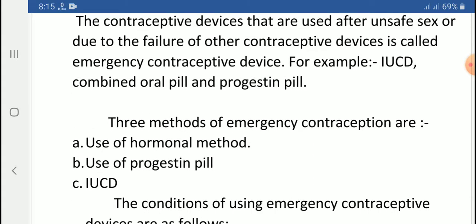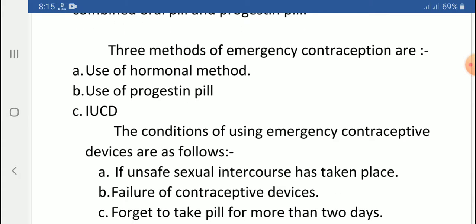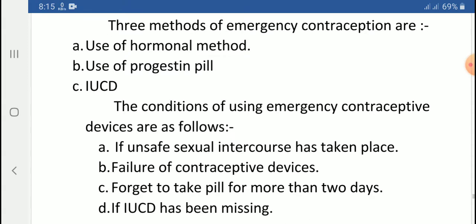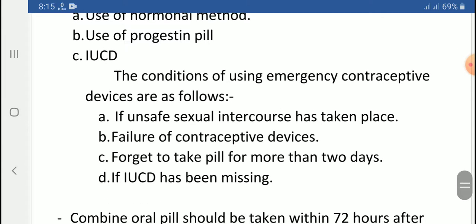So there are three methods of taking emergency contraception: use of the hormonal method, use of the progestin pill, and IUCD. Now, the conditions of using emergency contraceptive devices. In what condition are they used?